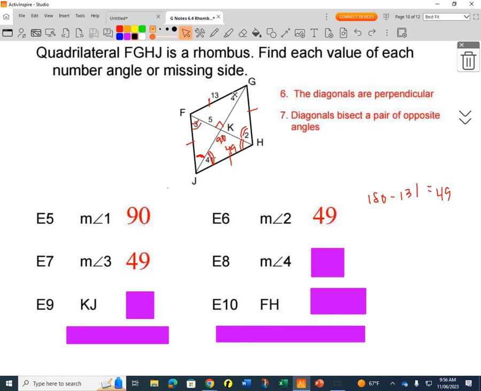Can you help her? Aren't 4 and this angle that measures 41 also alternate interior angles? It is 41, right? You have to look for those alternate interior angles. So that one is also 41. So this one is congruent to this one and this one, right?